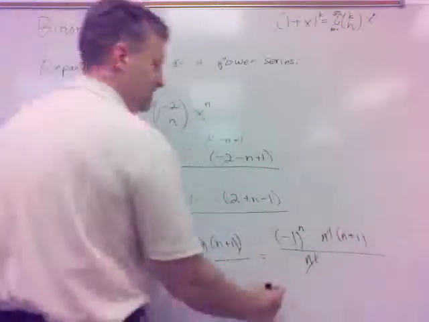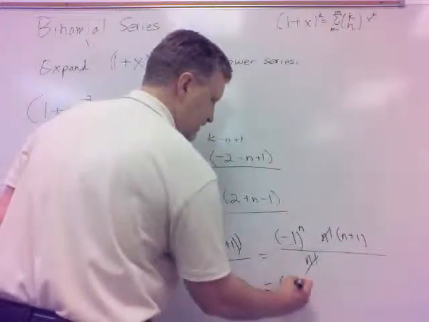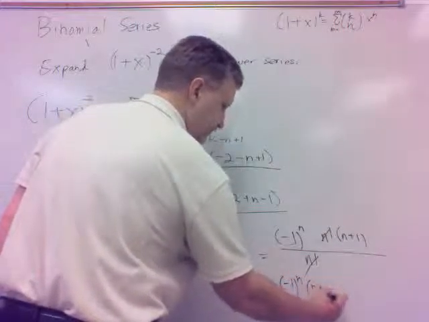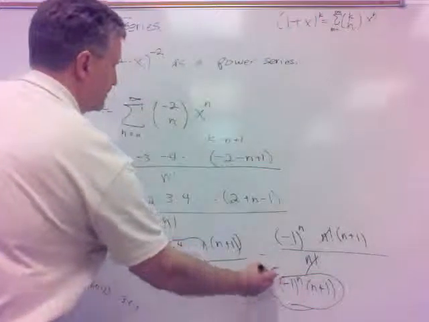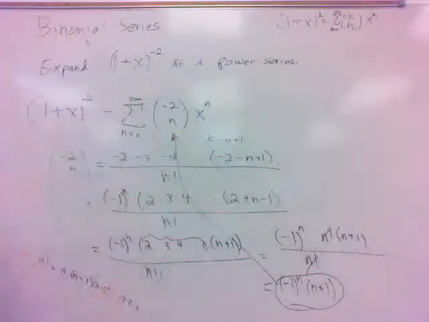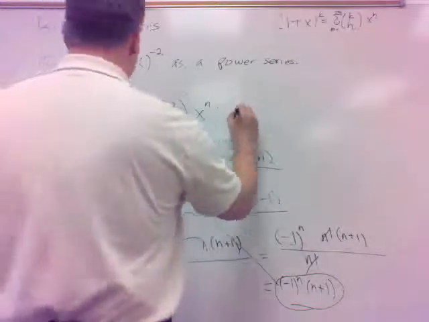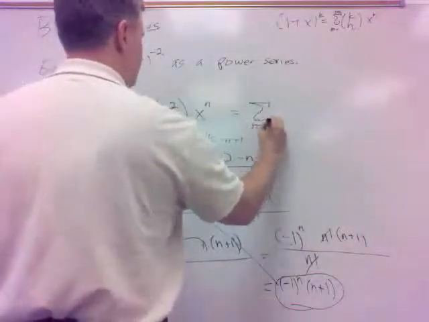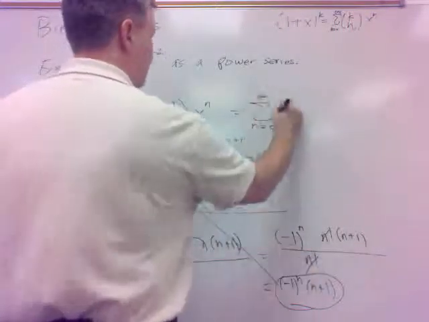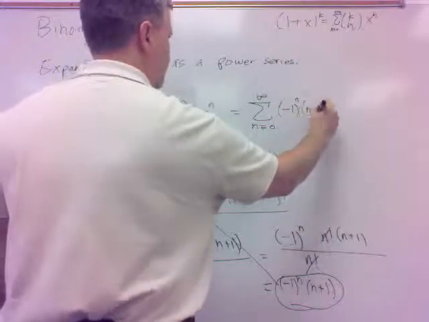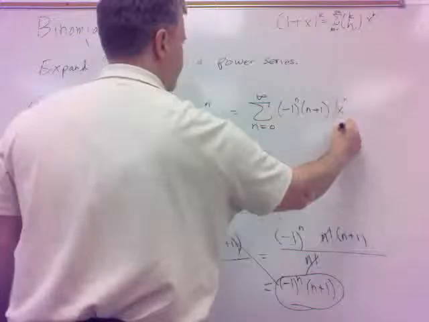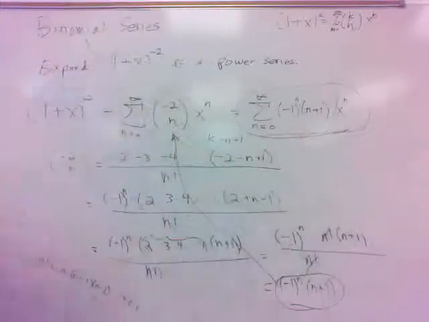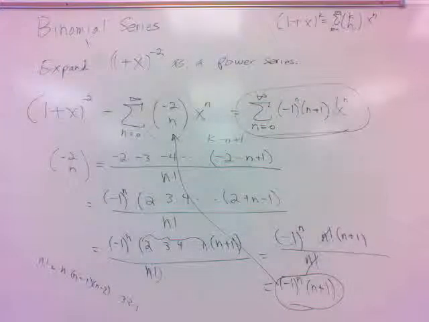So this just winds up being negative 1 to the n, times n plus 1, for this part right here. So I wind up with, power series wise, the sum from 0 to infinity of negative 1 to the n times n plus 1 times x to the n. That would be my power series for that.